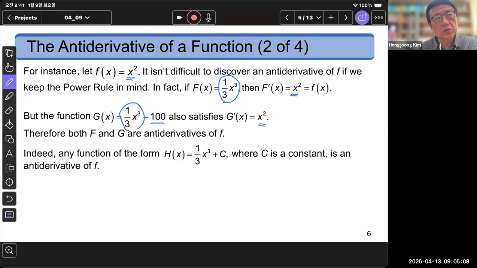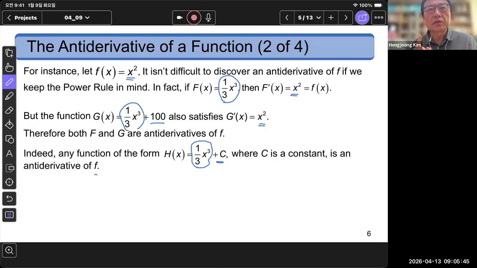So these two functions, uppercase F and uppercase G, are both antiderivatives of f. And when you look at this G function, you may expect that if I add any constant to uppercase F, then the derivative of such a function will always be lowercase f, right?